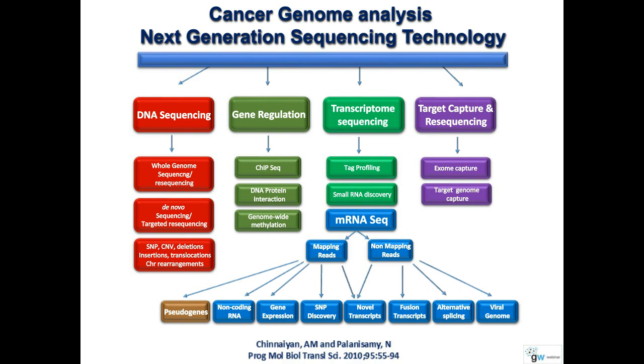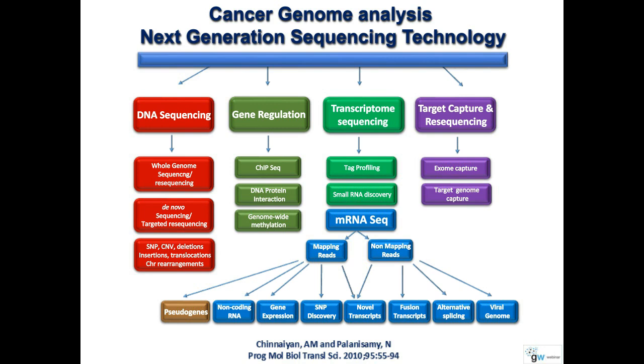Therefore, in order to reduce the genomic complexity, we focused our analysis on the transcriptome sequencing, in other words, just the mRNA sequencing. So we did the whole transcriptome sequencing. Using the sequencing reads, one can perform several types of analysis.